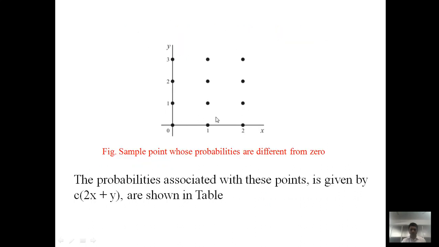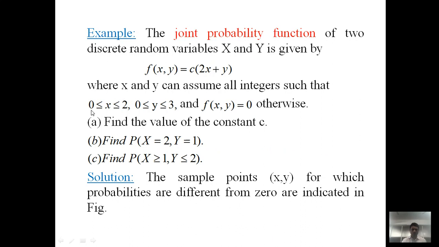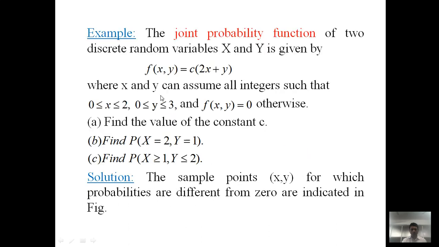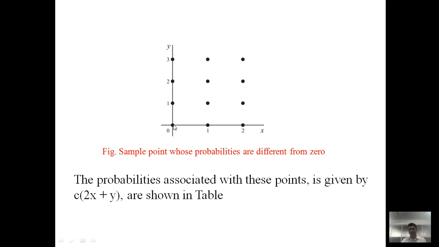As we see in this graph, on the x-axis we have 0, 1 and 2 because x is between 0 and 2. Now y is 0, 1, 2, 3 because y is between 0 and 3. So we have to consider the points in the R2 plane. These are the points 0,0, 1,0, 2,0.